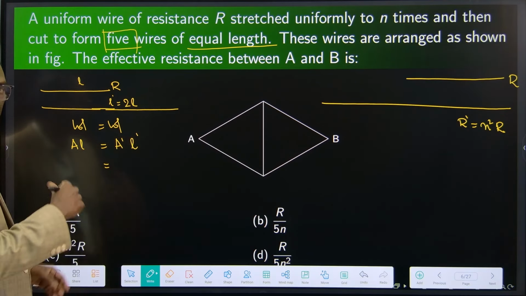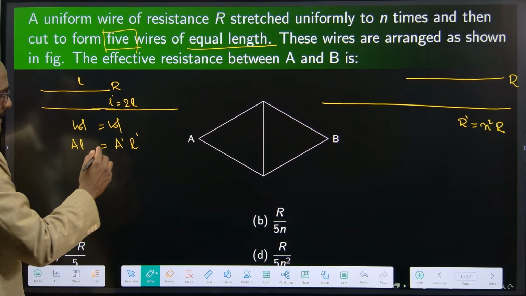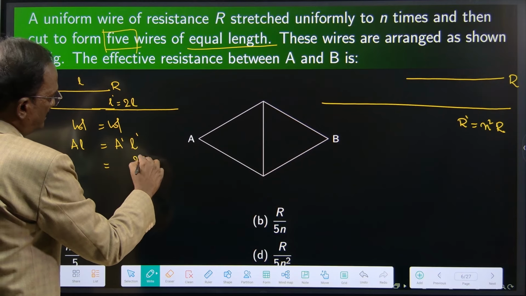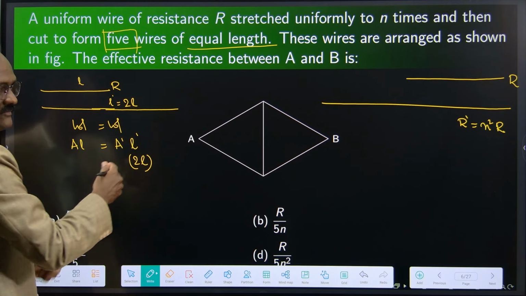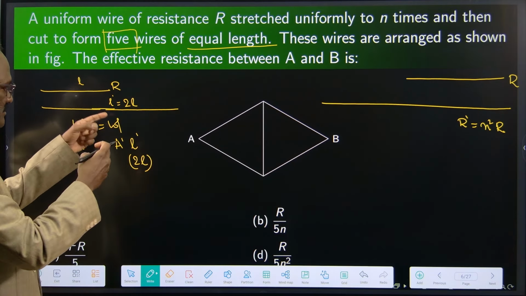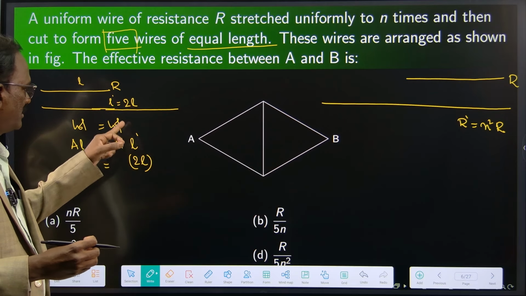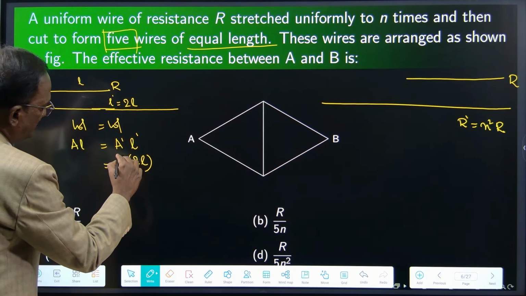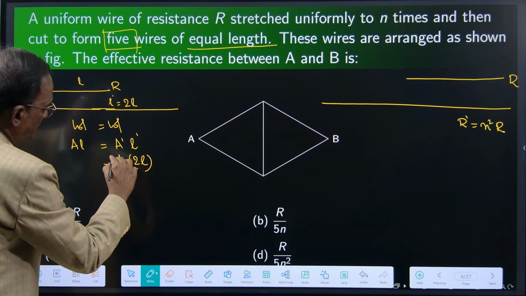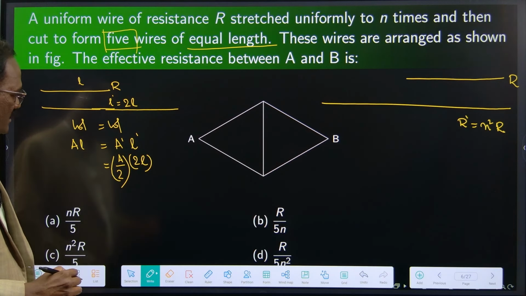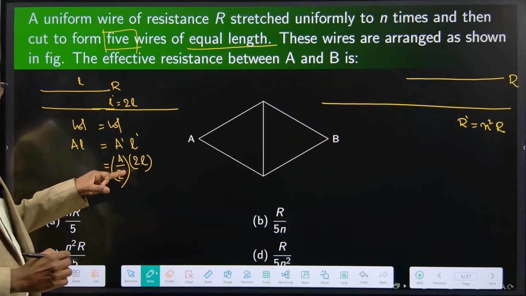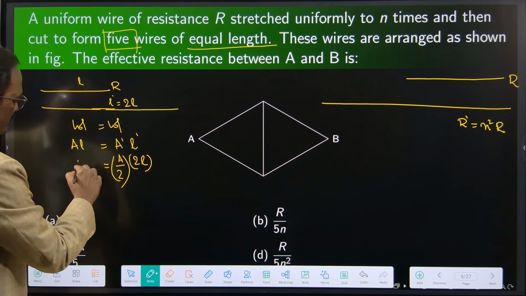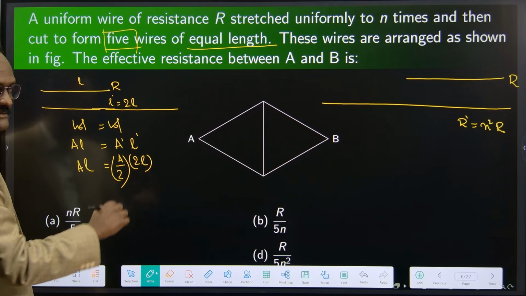To make the right hand side also AL, L dash is 2L. I am stretching it 2 times. Instead of L dash, I have written 2L. Then the A dash must be equal to A by 2. Then only the 2 and 2 will be getting cancelled. Both sides I will be getting AL, right?